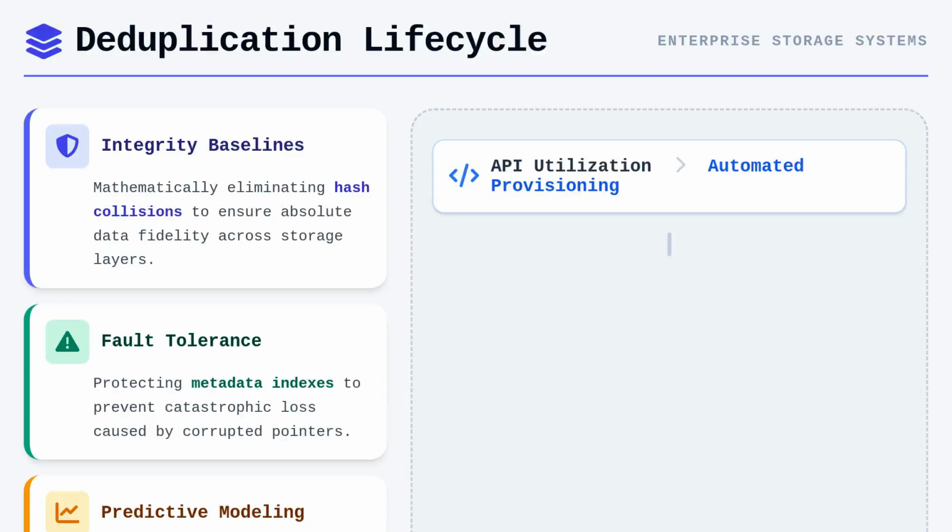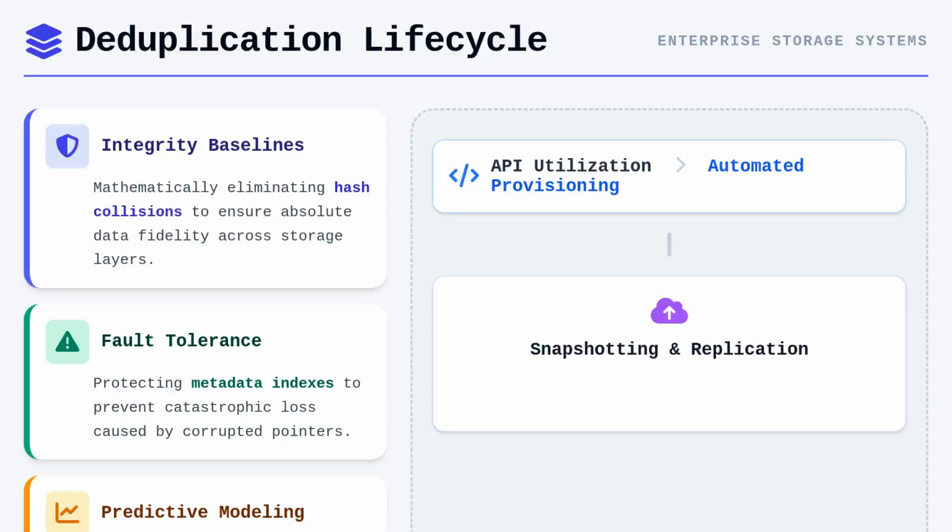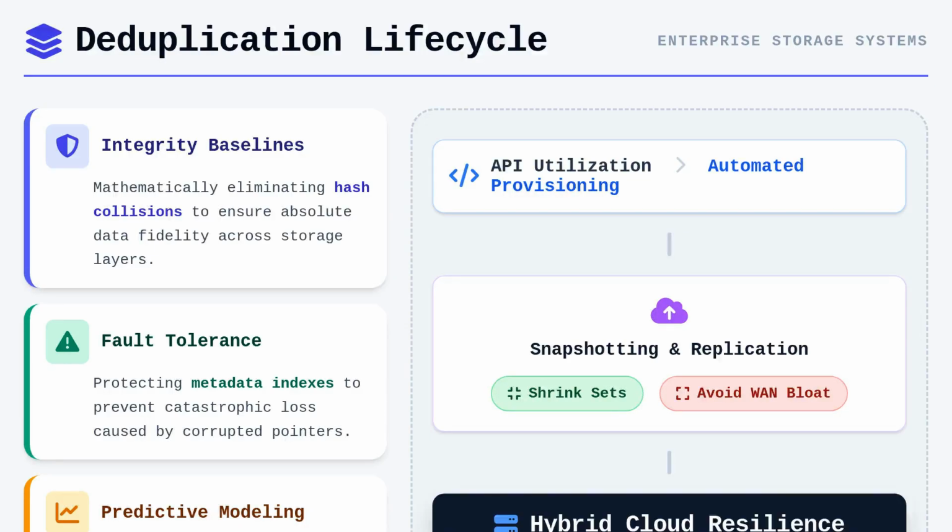Furthermore, the mechanics must account for administrative tasks like snapshotting and replication, where deduplication can either drastically shrink the size of replicated sets or, if misconfigured, cause inflated data transfers across WAN links. Deep comprehension of these mechanics ensures that hybrid cloud infrastructures remain resilient even when operating under the rigorous stress of continuous, variable load enterprise data centers.